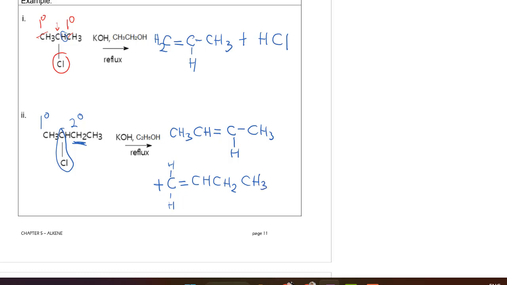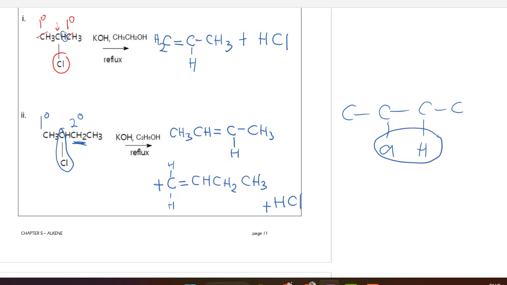So your byproduct is HCl. Okay, so this is how it looks. If you remove here, you will get the major product. If you remove hydrogen here, you will get the minor product.